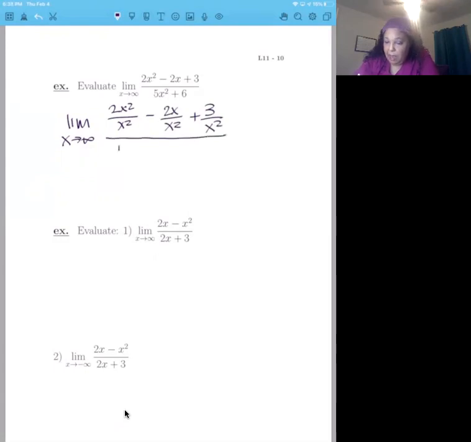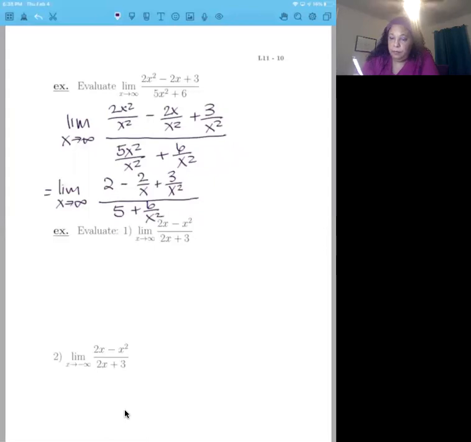In the denominator, I have a 5x squared over x squared plus 6 over x squared. We're going to reduce. And in the top, I get a 2 minus 2 over x plus 3 over x squared. In the denominator, I get a 5 plus 6 over x squared.